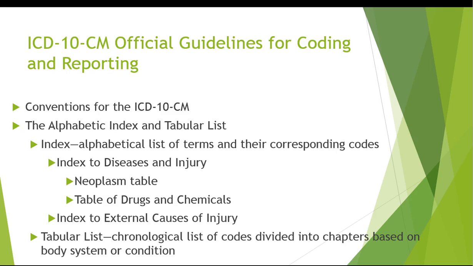The alphabetic index consists of the index to diseases and injuries, the neoplasm table, the table of drugs and chemicals, and the index to external causes of injuries. Now I hope you've been tabbing your book and you have these different sections tabbed.